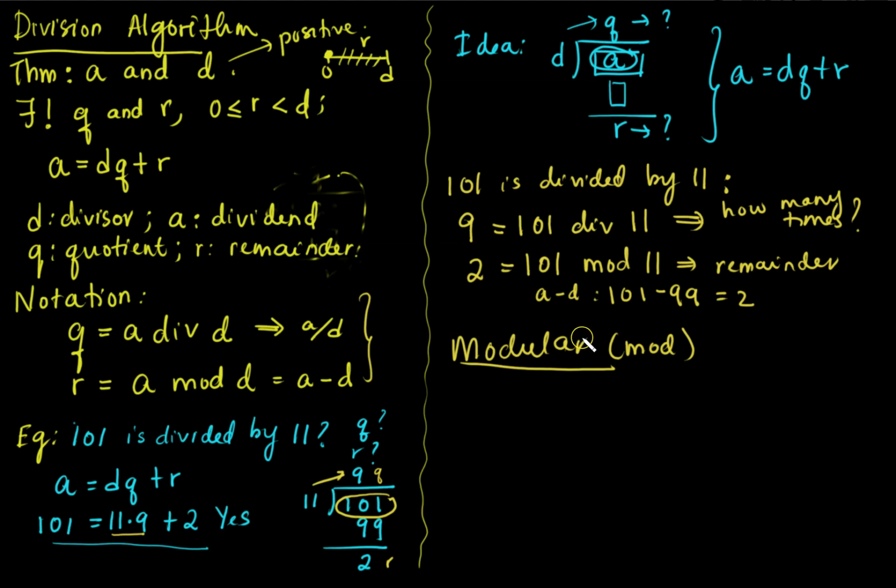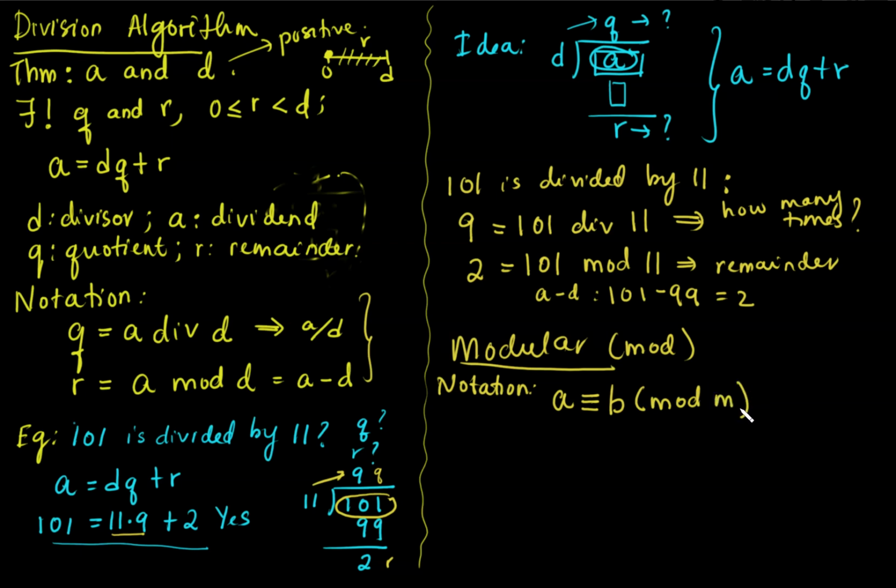We say a is congruent to b mod m if m divides a minus b. So the notation we're going to use for mod is a is congruent to b mod m.